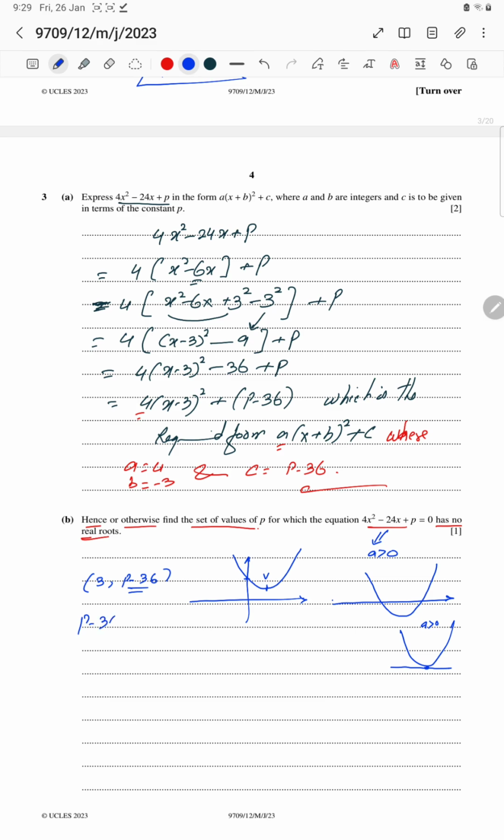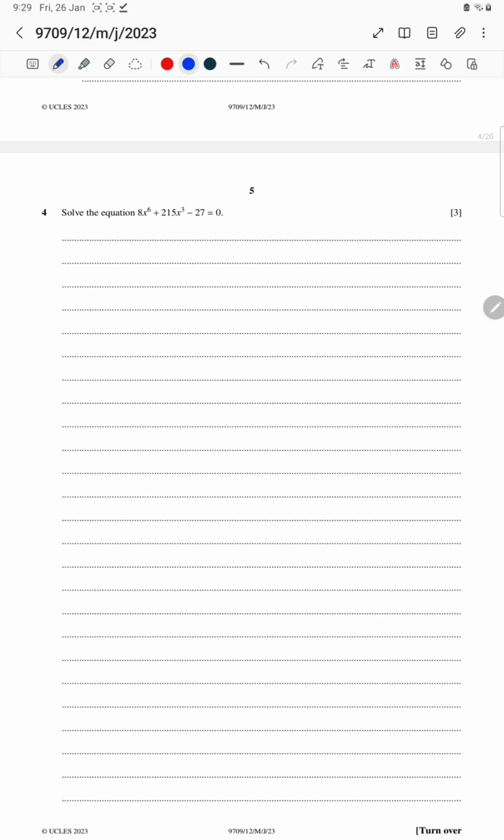So p minus 36 will be greater than 0. It means the y coordinate must be greater than 0 because the curve is lying above the x-axis. So p will be greater than 36. That is the right answer for this question number 3. I hope again it is clear to you.